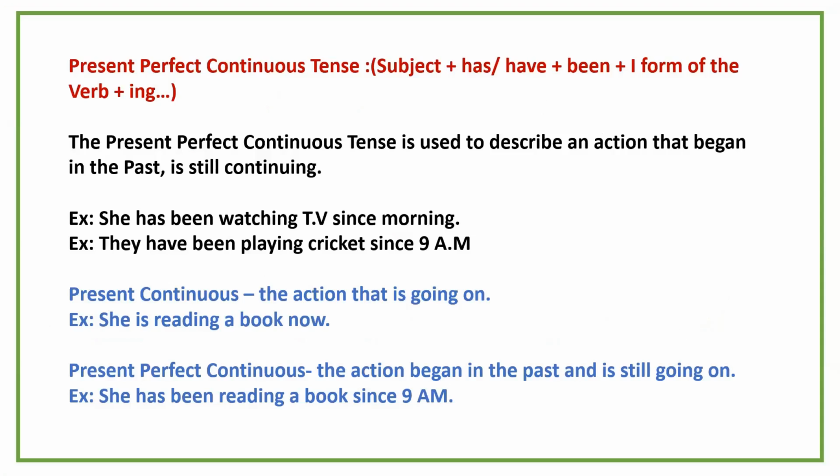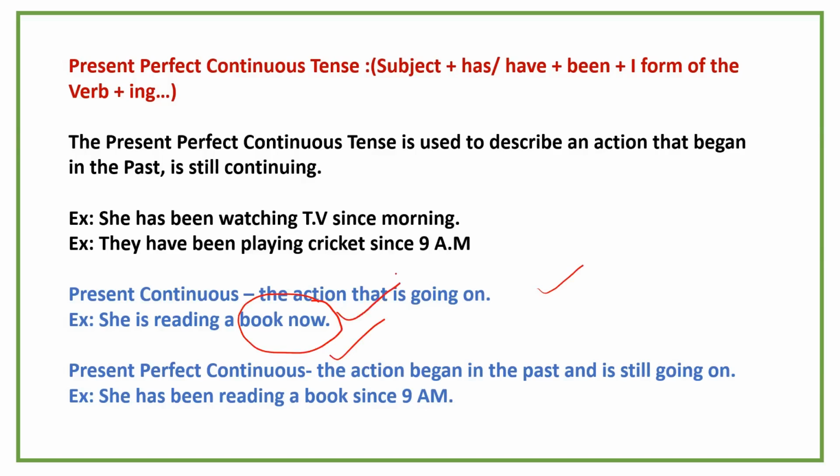Then the next tense is present perfect continuous tense. We use this tense to describe an action that began in the past and it is still going on. Example, she has been watching TV since morning. They have been playing cricket since 9 a.m. And you can see the difference between present continuous and present perfect continuous.